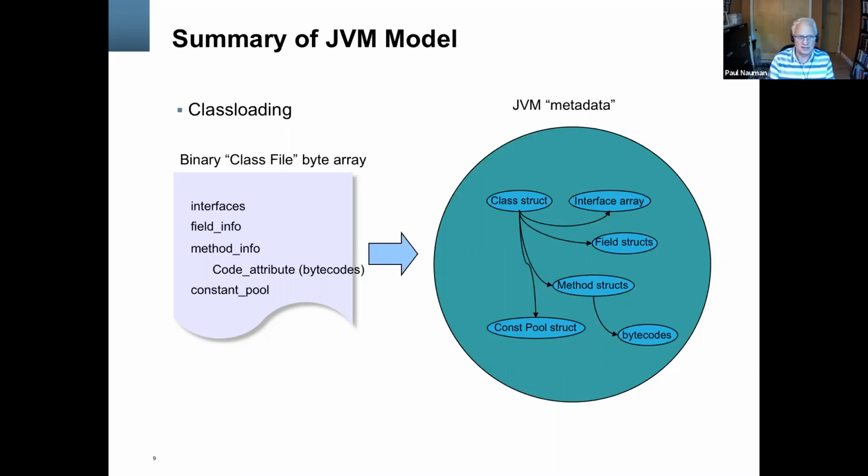So the class file is a binary, byte array construct, and when we read it into the JVM, we pull it into an area of the JVM that you may have heard of. We call it metadata. This is the information about a class, and it's encoded in classes and structures that make it convenient for the JVM to access it and modify it while it's executing. So that is what you might expect.